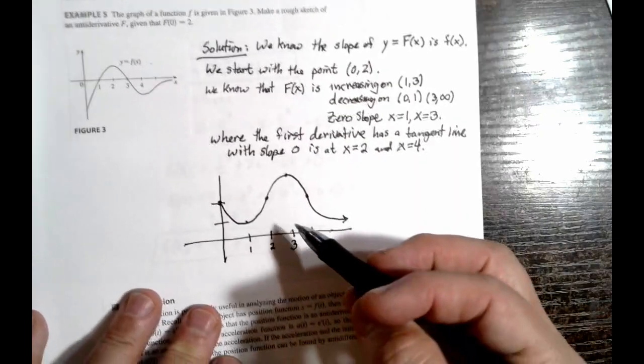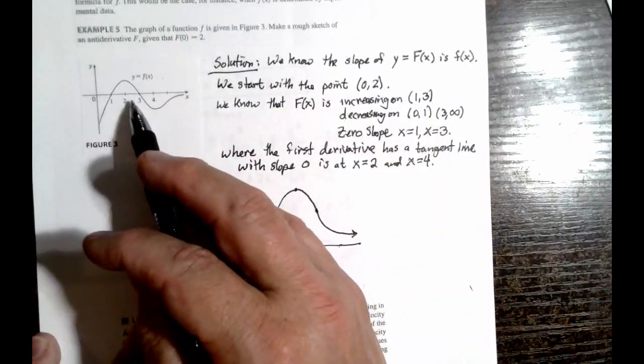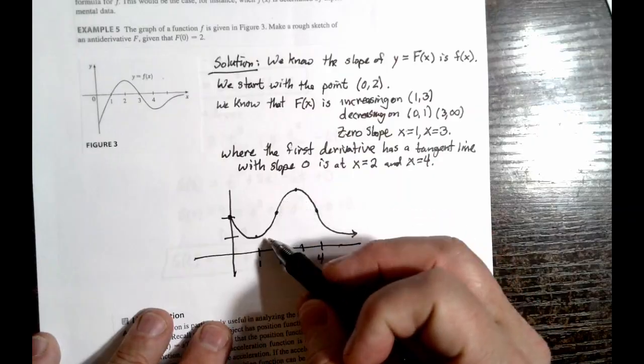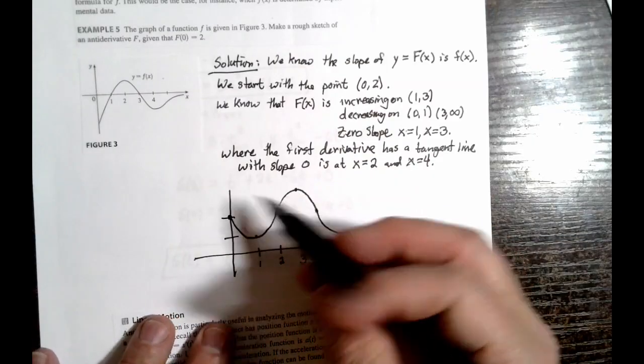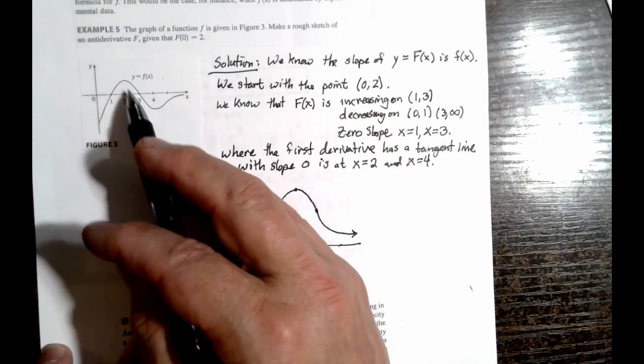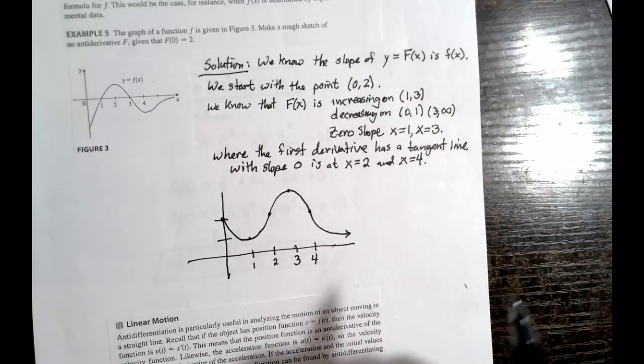Where it equals 0 is where you have a max or a min. So you see you've got a min and a max there at the 1 and the 3. And where this thing has a max and a min at its peak is where this one has concavity changes. So there you go.